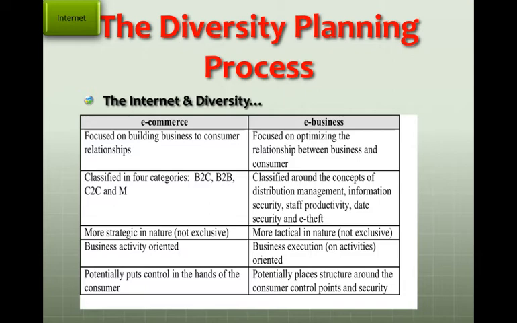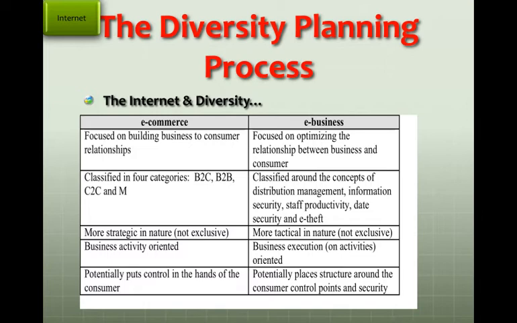So look at e-commerce as sort of being the front end of your business website and presence online, and e-business being the back end tactical operational piece of your e-business website online. E-commerce, more strategic in nature, not exclusively, and then e-business a little more tactical in nature.